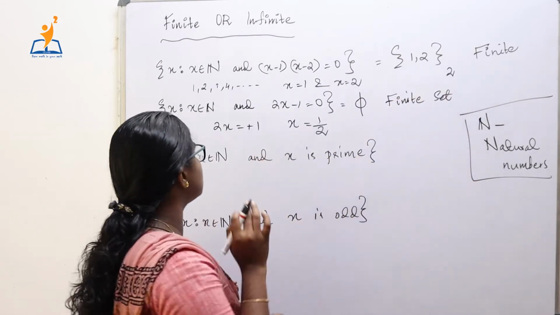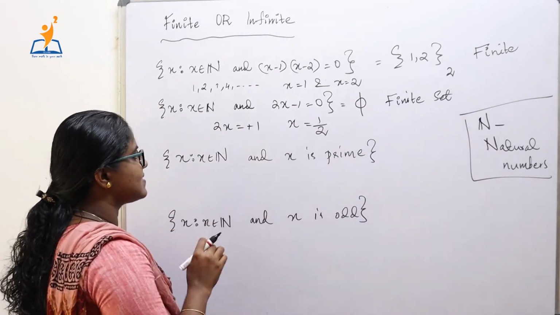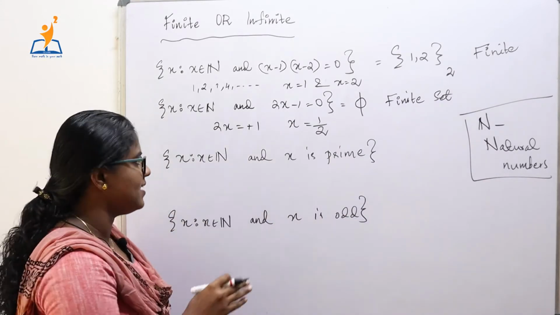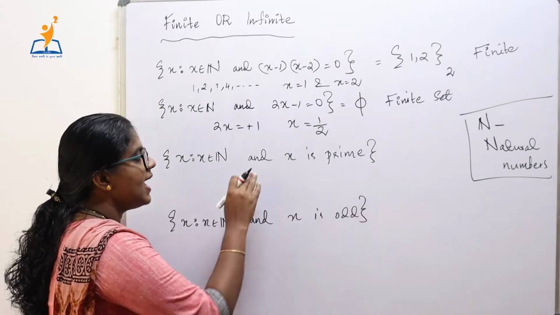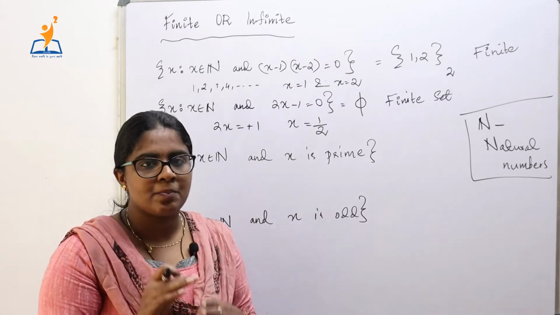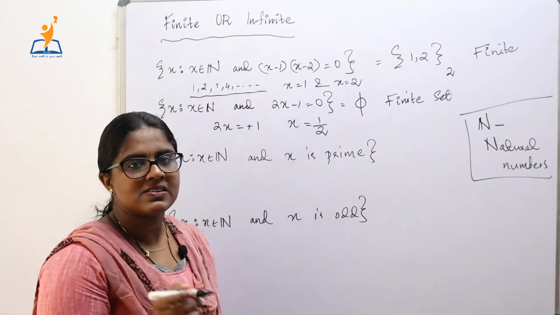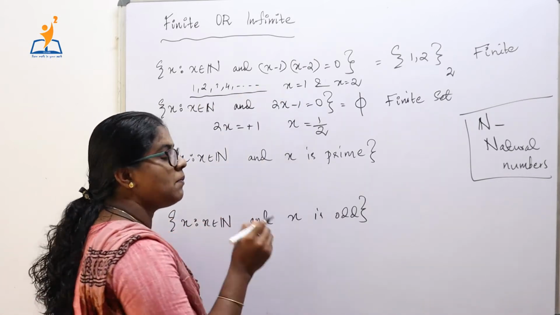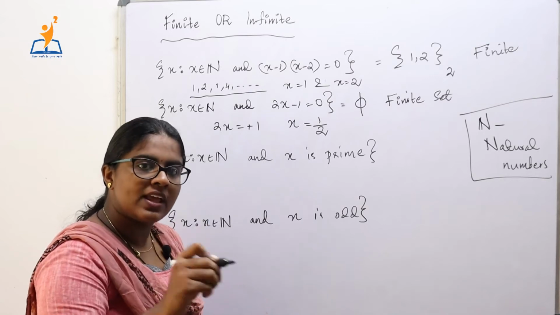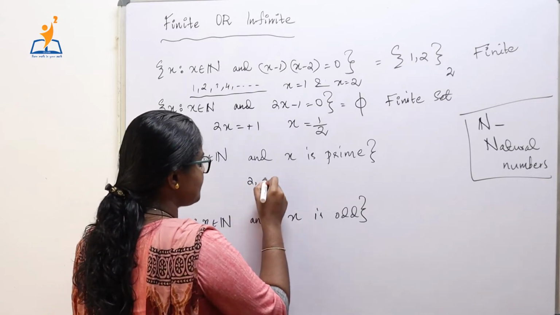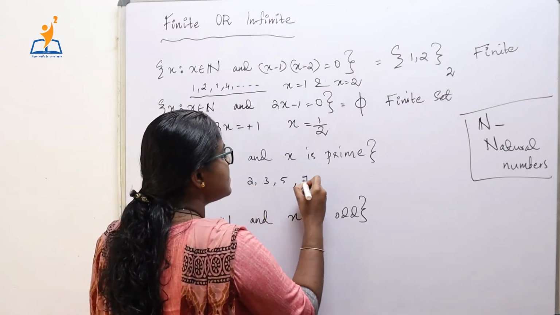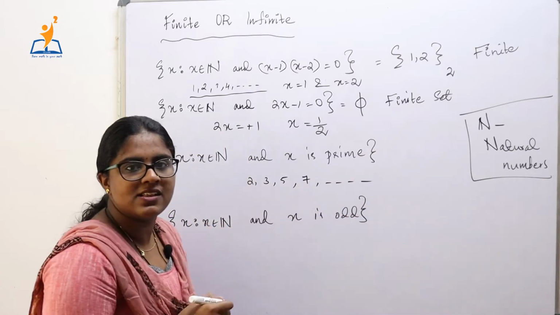Now, moving on to the third question, the set of all x such that x belongs to N, that is x is a natural number and x is prime. X is a natural number, we know that these are the natural numbers. And what are the prime numbers? Prime numbers also go on infinitely, that is 2, 3, 5, 7 and it goes like this.